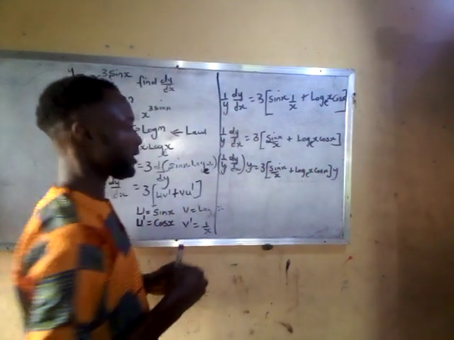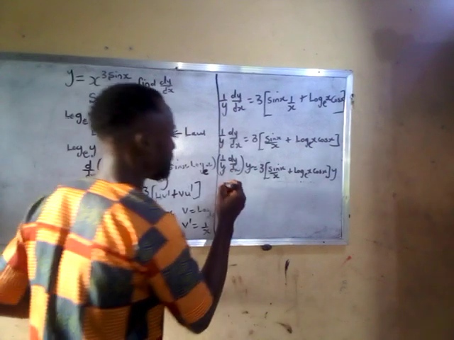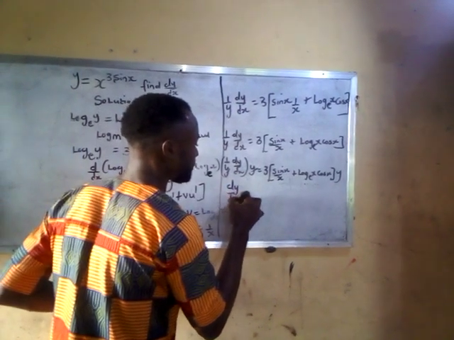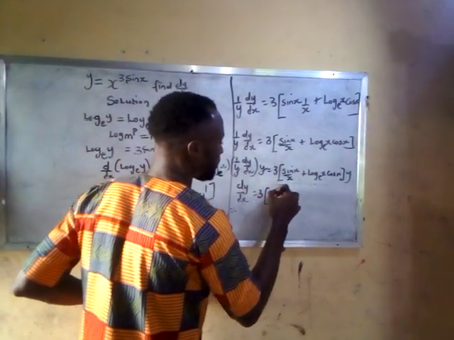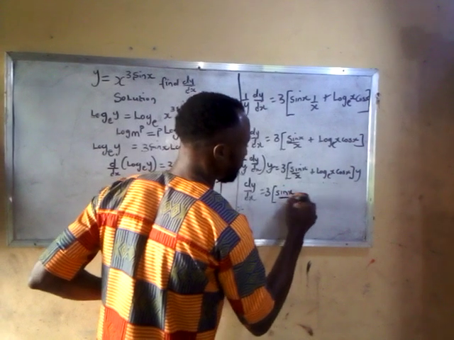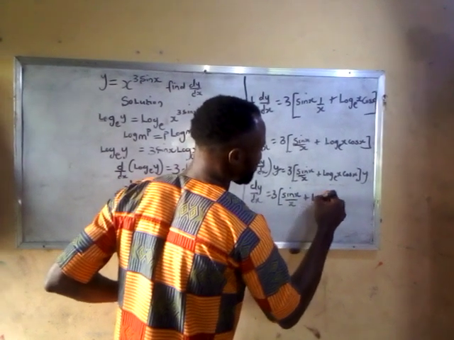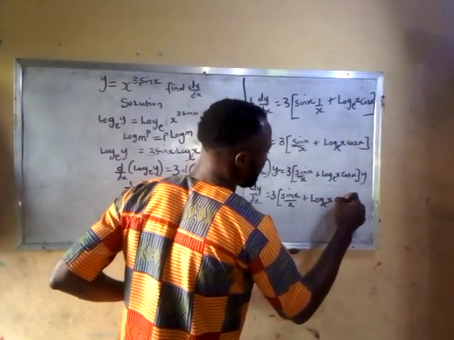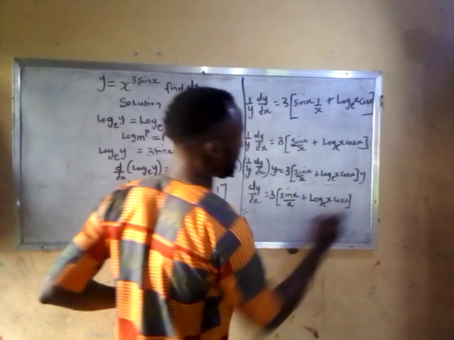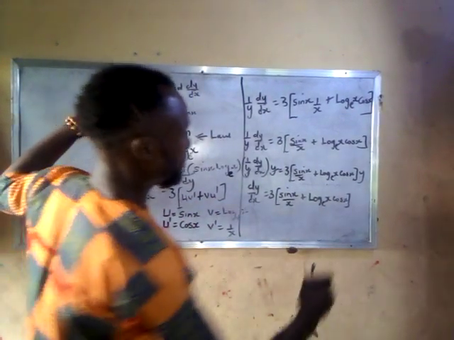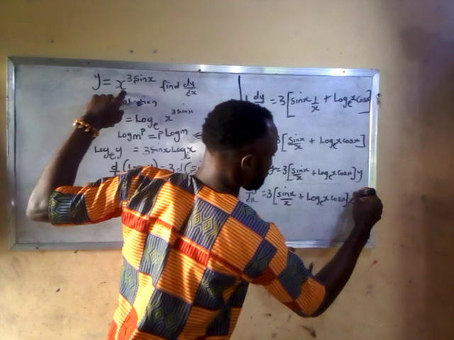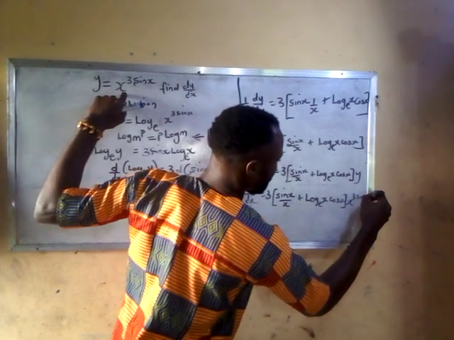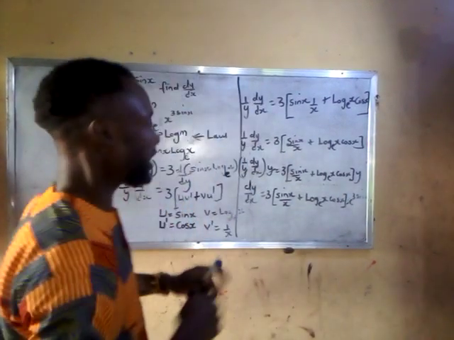So this and this cancel. What is remaining is dy/dx is equal to 3 sine x all over x plus the natural log of x cos x, into my y. Let's go back to the question now. My y is x raised to the power 3 sine x. So that is the final answer.